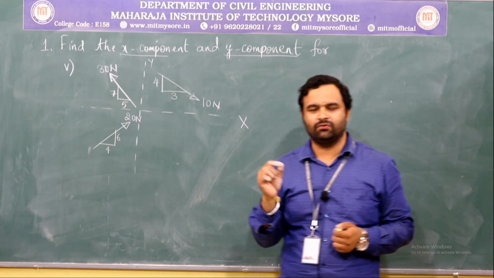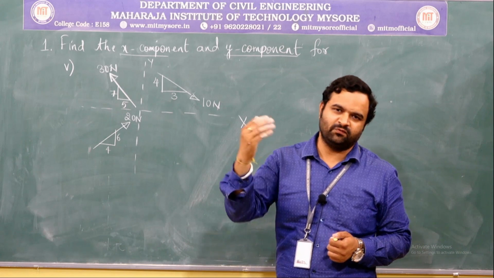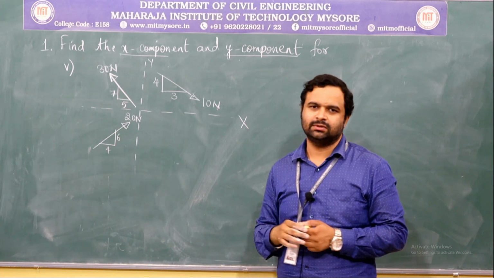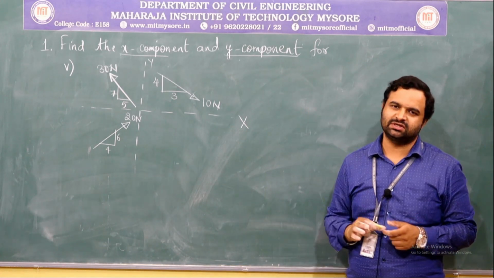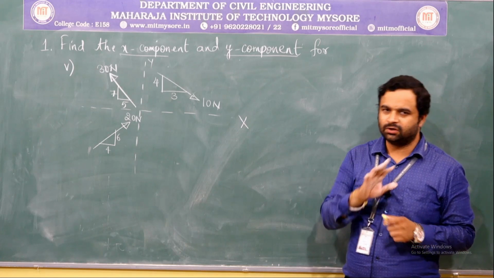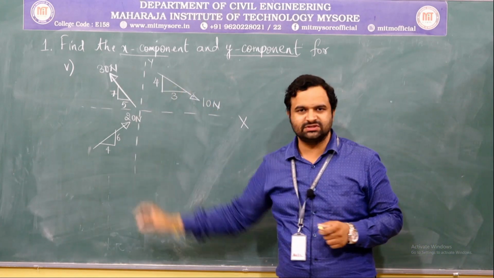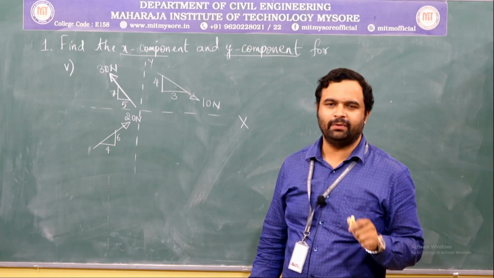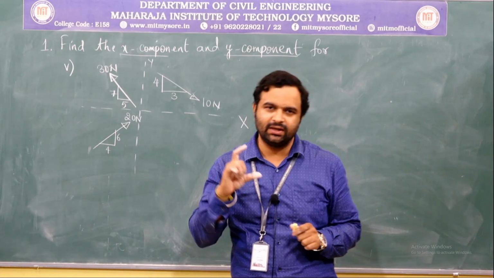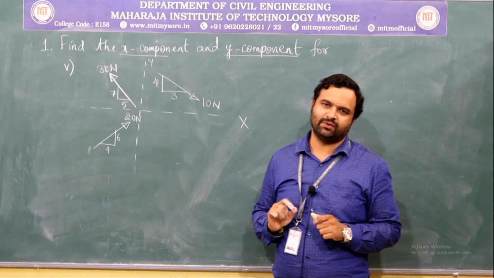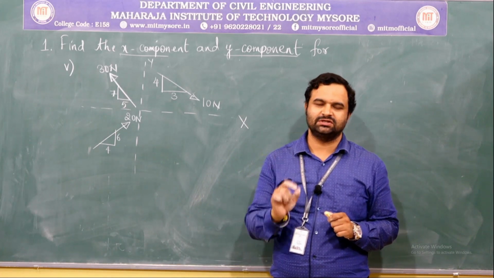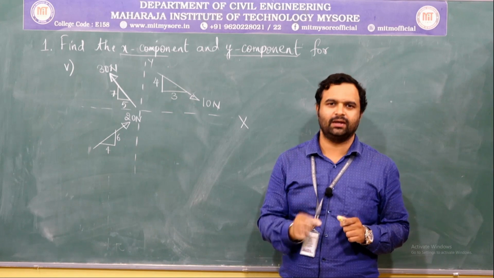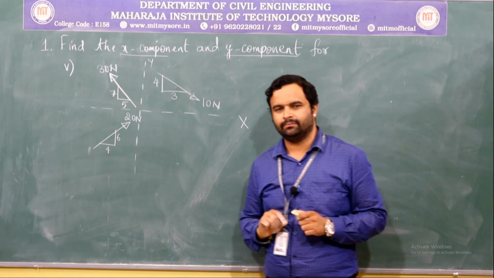If you consider y, is it measured upwards or downwards? You need to keep those things in mind. Do not worry about the location of the forces, just resolve them, and depending on the resolved x and y, find its x and y components. The sign conventions should be taken care of after resolving.